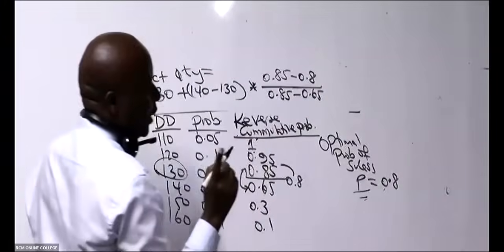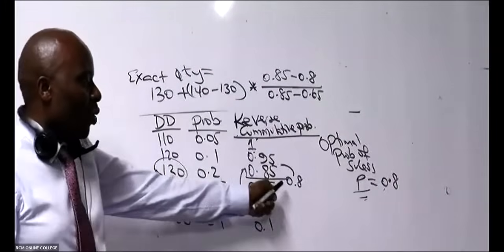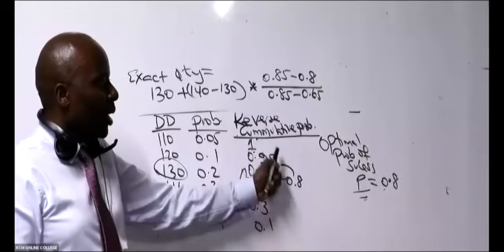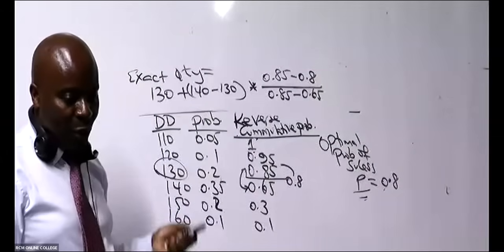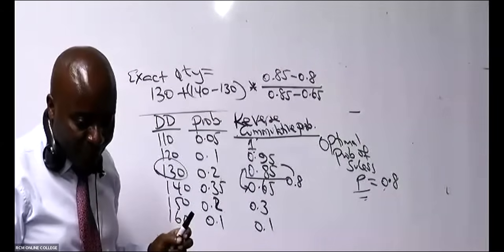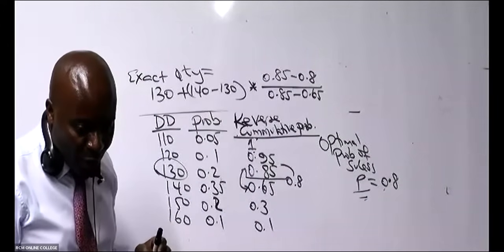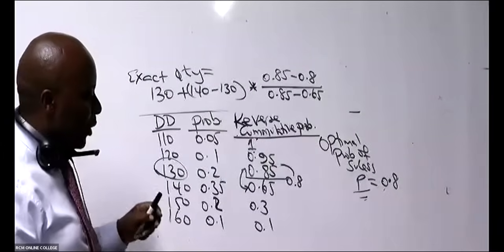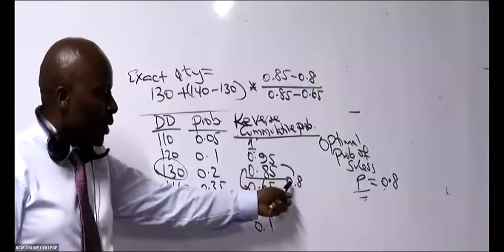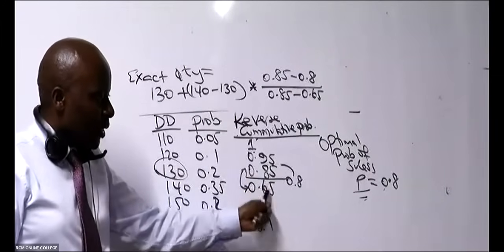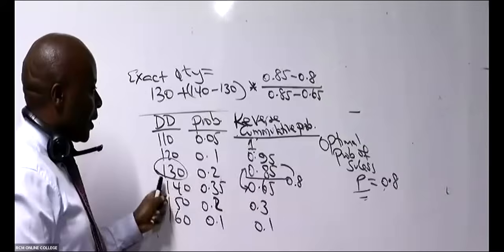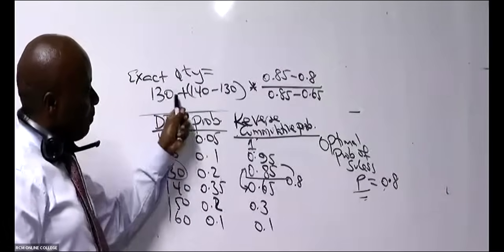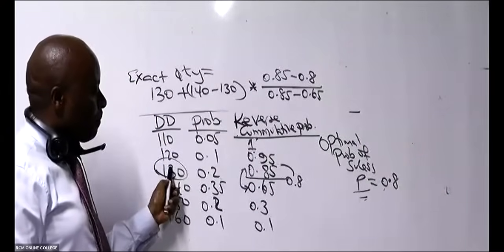Not the way, Lillian, you did it. You took the lower arc. We always take the upper arc for the numerator. Because 0.8 is in between the two, you take the two numbers. So 130 is the smaller one, plus the difference between the two.